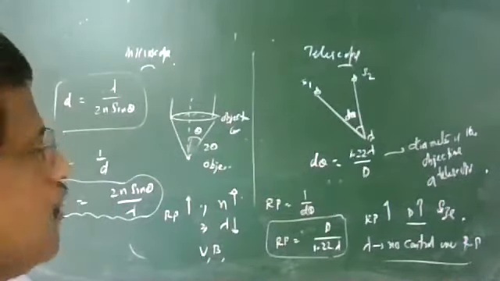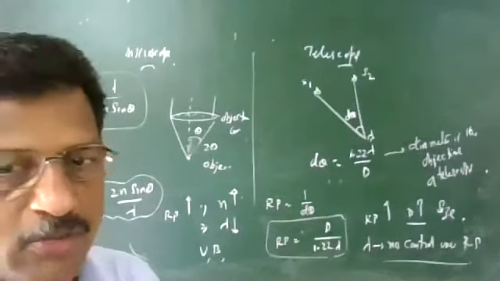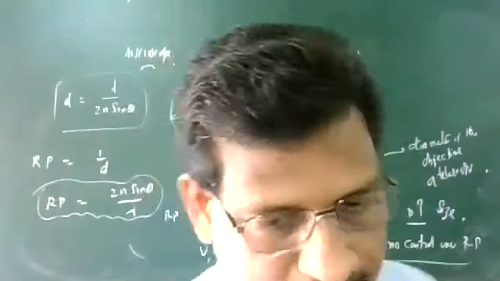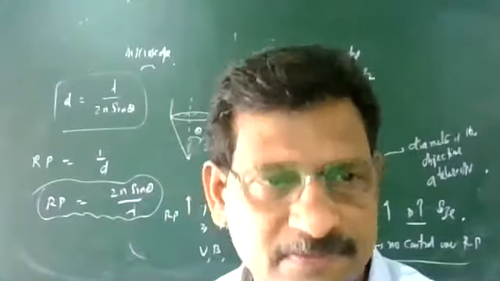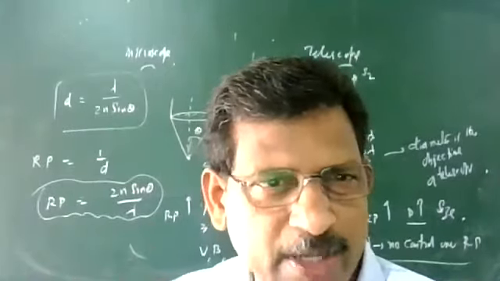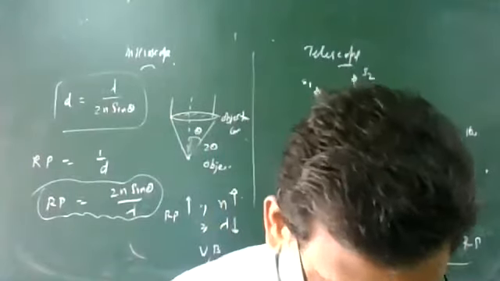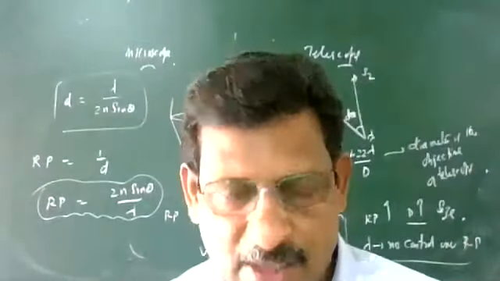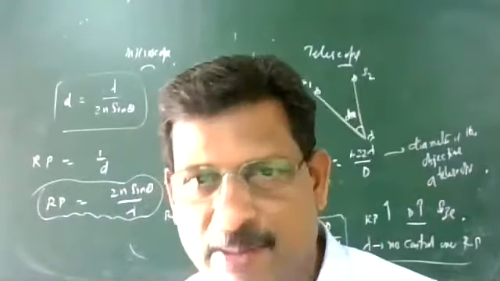So what is the meaning of resolving power? It is the ability of an optical instrument to resolve the images of two close-by objects clearly. For a human eye, it is about 1 minute. You can calculate this value because there is an opening, so there will be diffraction. The diameter of your pupil is 2 millimeters, so the resolving power comes to be about 1 minute.